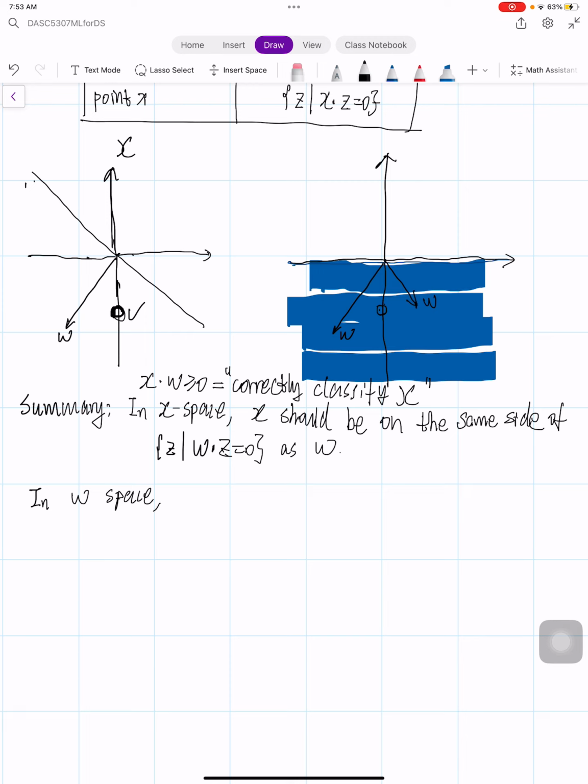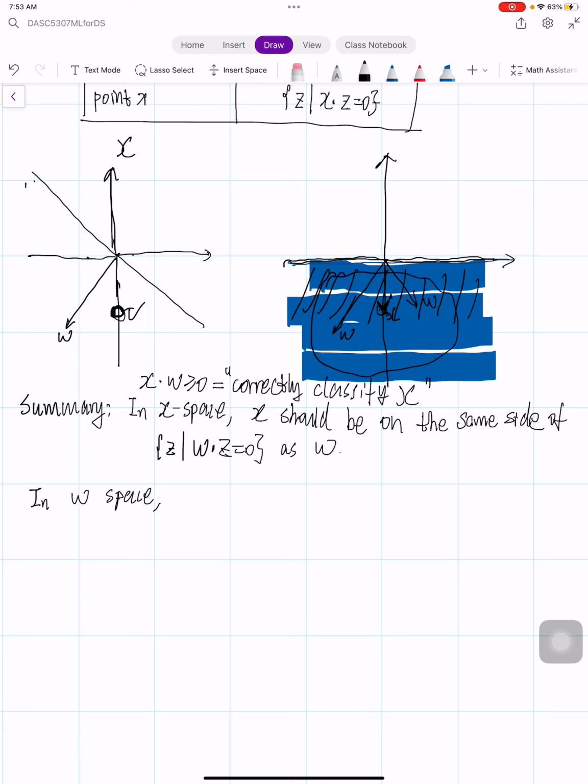And in the omega space, how can we label this blue region? We are looking for a point x, which corresponds to an x point here, and we are looking for the decision boundary h such that all w in this region will satisfy that point.